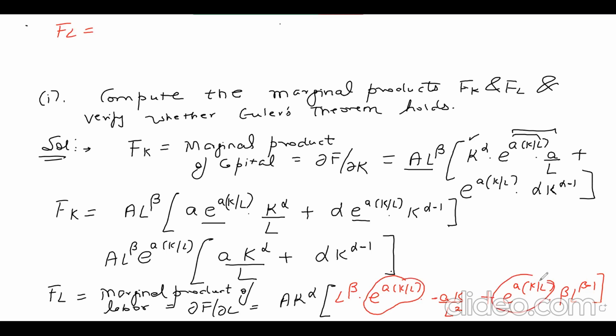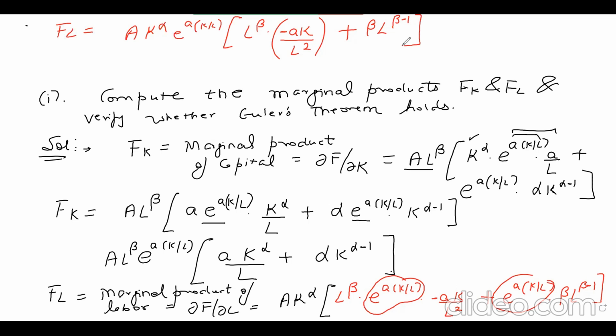So I get A K to the power alpha, e to the power A times K by L. This is common. Inside the bracket, I get L to the power beta times minus AK by L square plus beta L to the power beta minus 1. This is my FL.